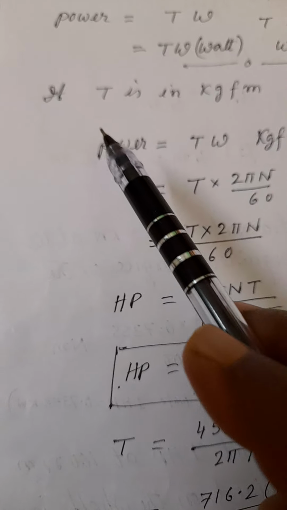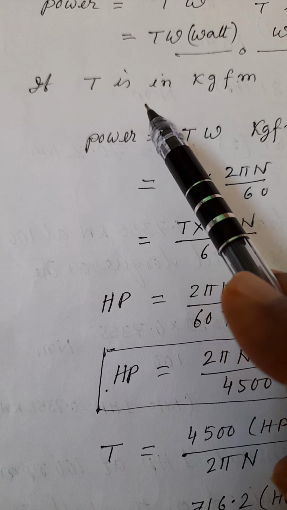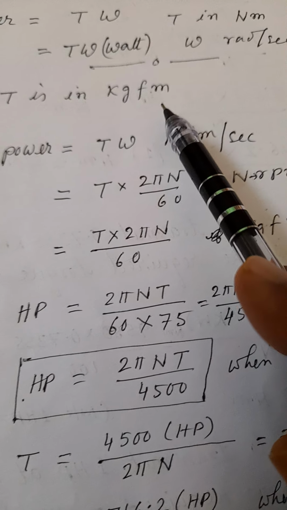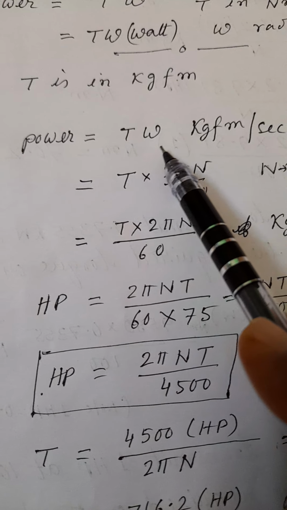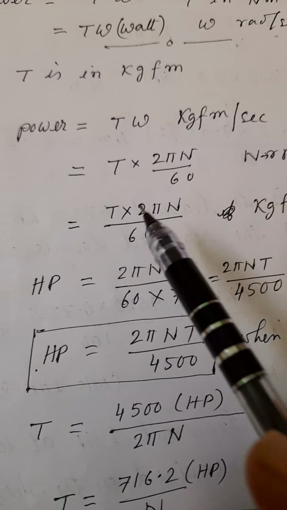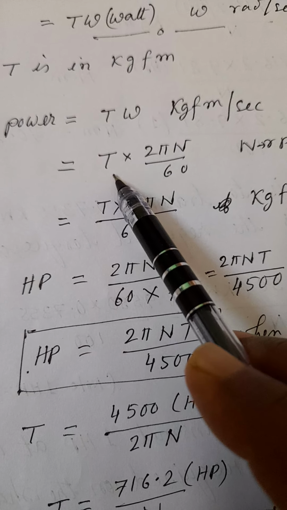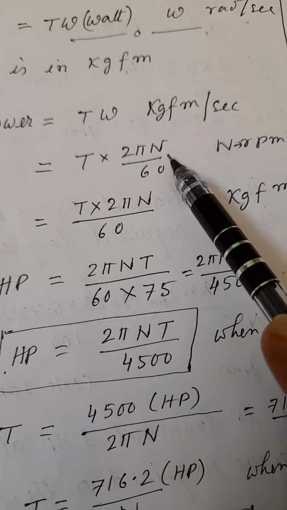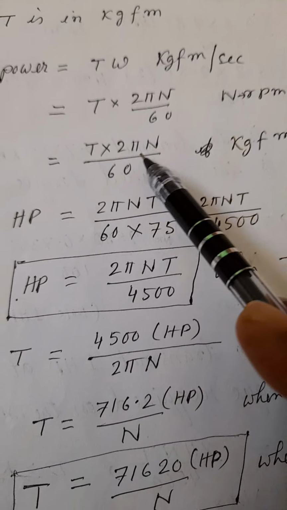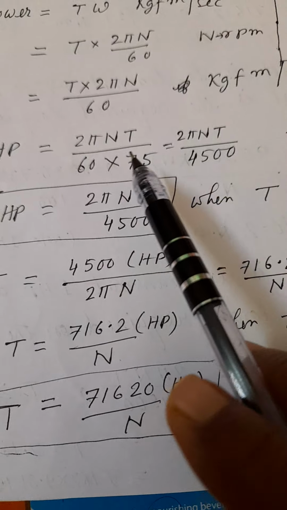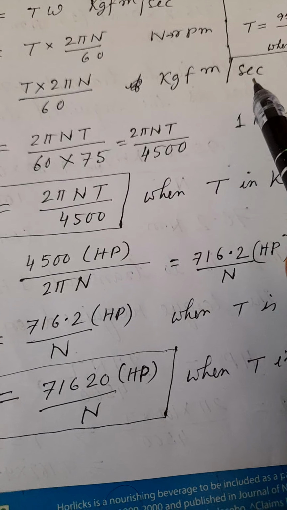Now if T is in kg force meter, then power is equal to T into omega kg force meter per second. Omega is equal to 2 pi N by 60, where N is the RPM. Now T into 2 pi N by 60 will be kg force meter per second.